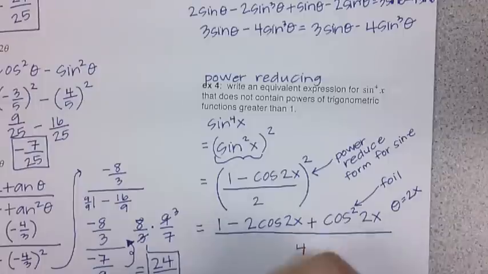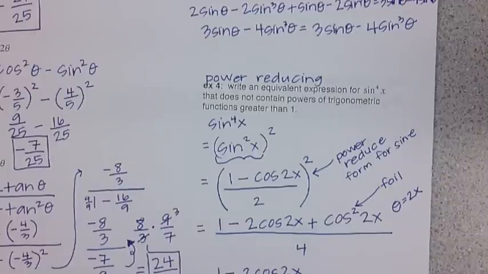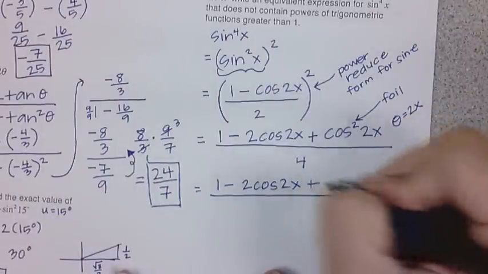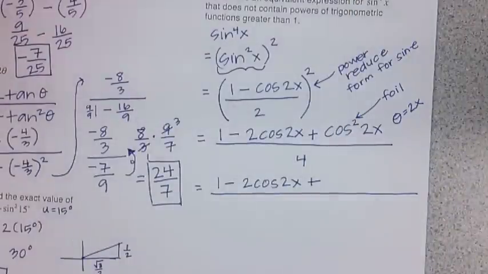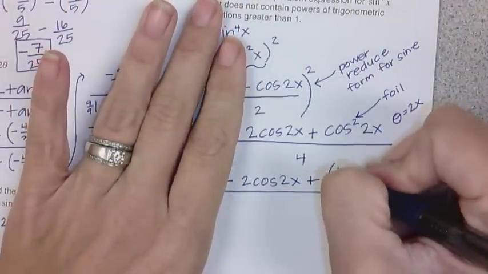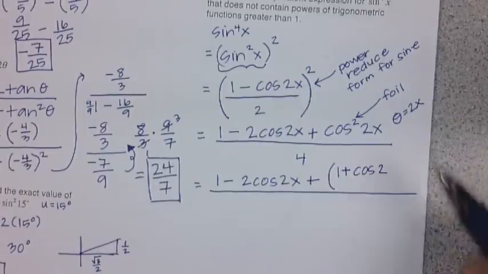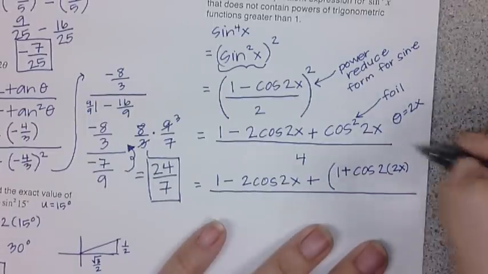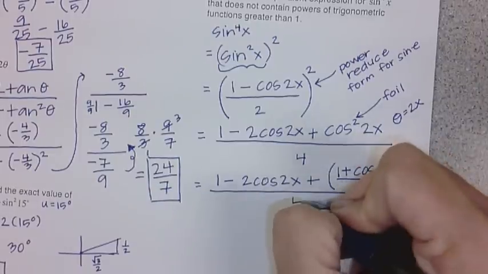So I don't have to change the first part, the 1 minus 2 cosine 2x, because this doesn't have a power higher than 1. But this is the one I need to change. And again, using that cosine double angle formula right there, it's going to be 1 plus cosine of 2 times the angle. And our angle is 2x. So we have 2 times 2x. And that looks funny, but it makes sense mathematically.